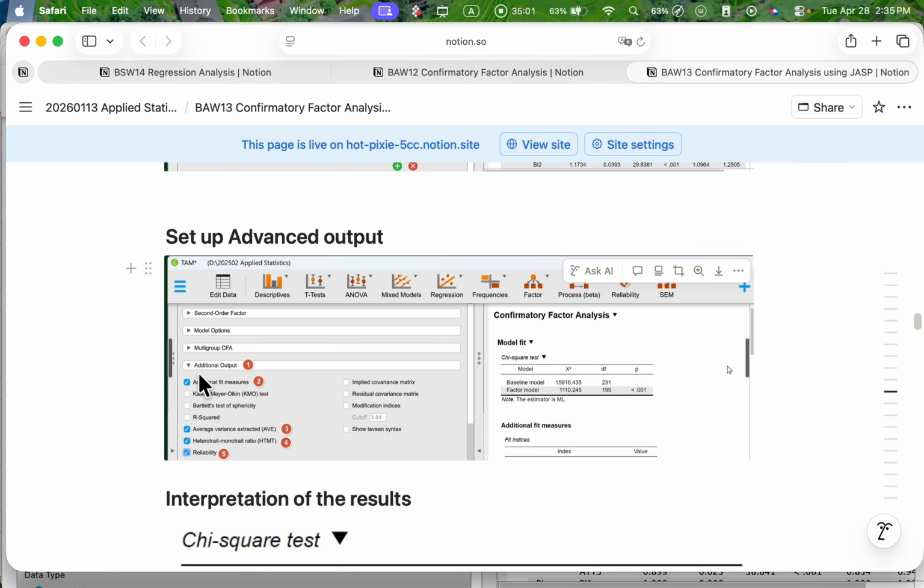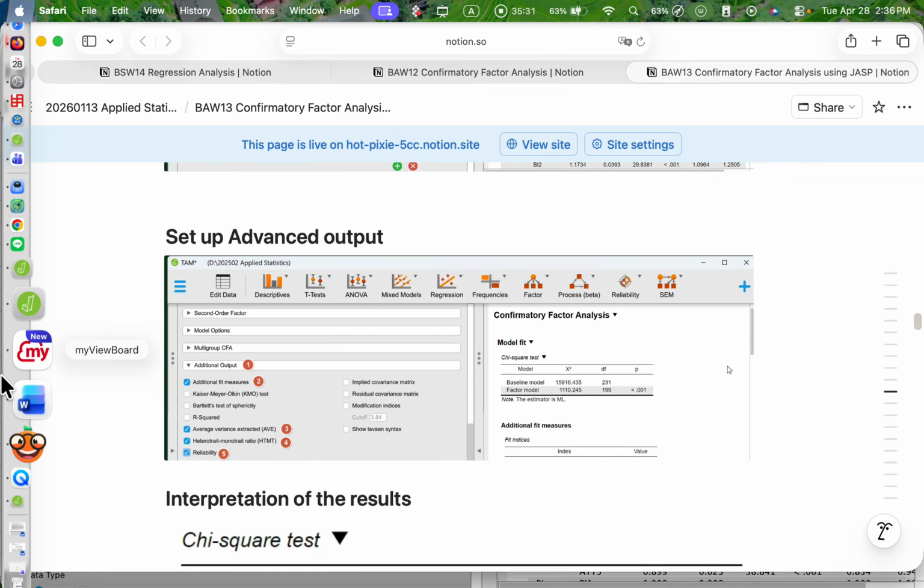So I need to click additional, advanced. So we need to check the fit measures, and also we can find the AVE, right, and HTMT, and also reliability, right. We can see that. So we mentioned that JASP already has the function to generate the result.